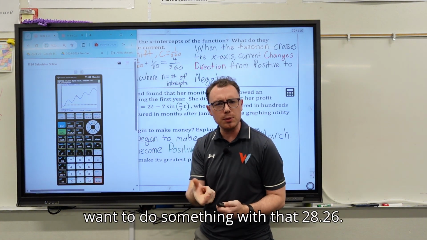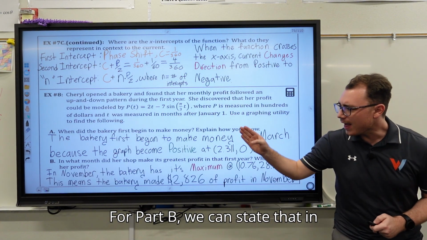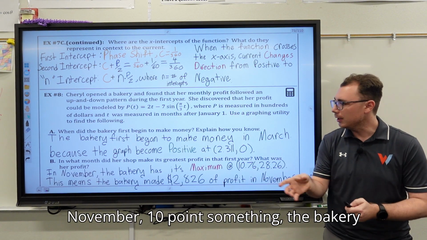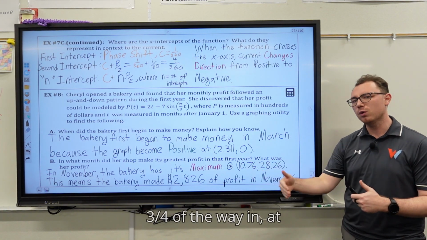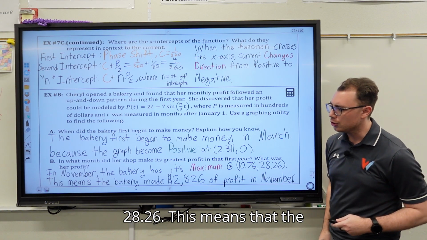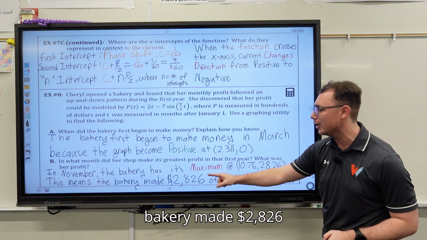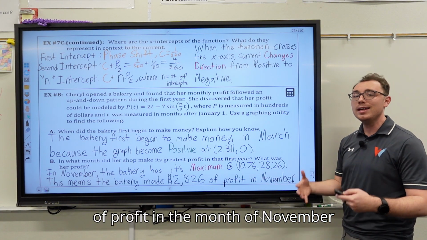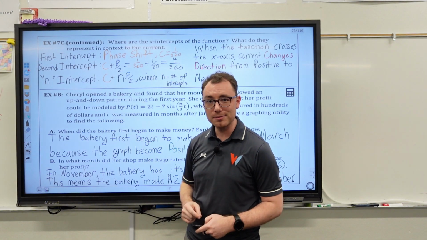We want to do something with that 28.26. For part B, we can state that in November, 10 point something, the bakery hits its maximum at 10.75, about 3/4 of the way in, at 28.26. This means that the bakery made $2,826 of profit in the month of November because our values are in hundreds of dollars.